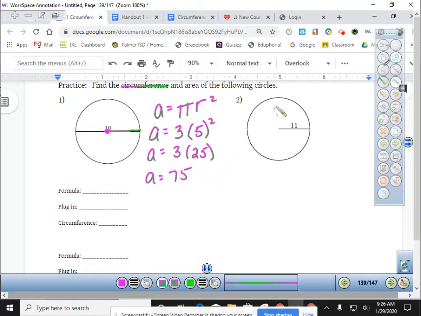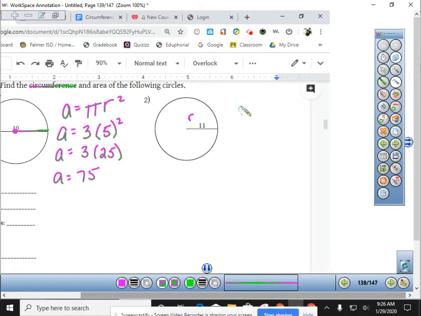Awesome. What do they give you here? So you're good, right? What's the formula? Pi r squared.